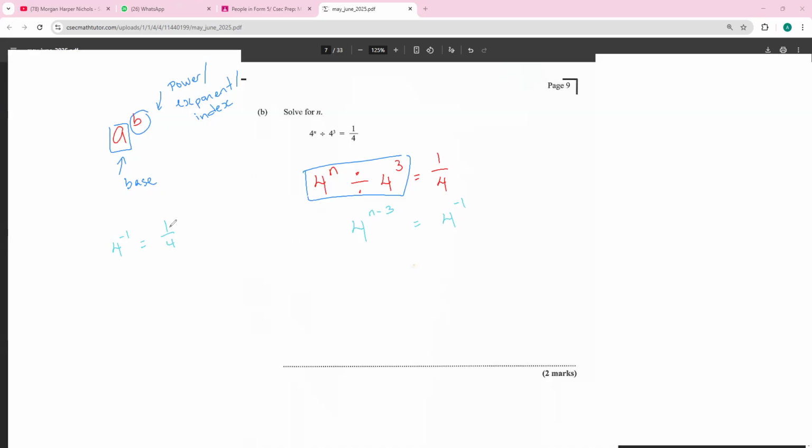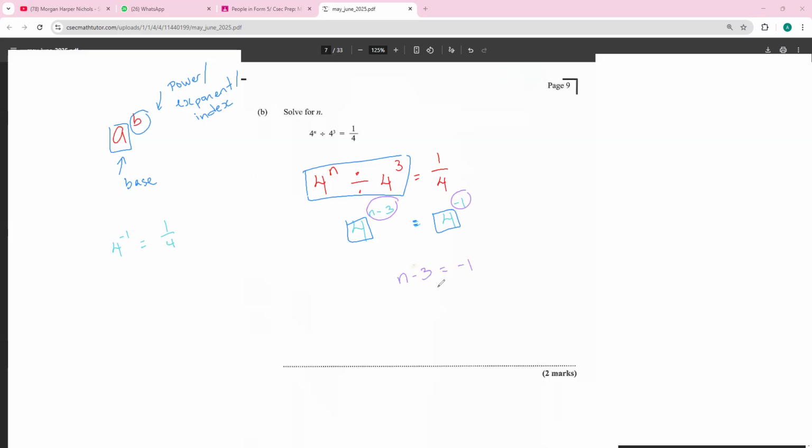Once the bases are the same and they are equal, we could simply work the powers only. Right? So as the bases are the same, we could just focus on the powers or the exponents.